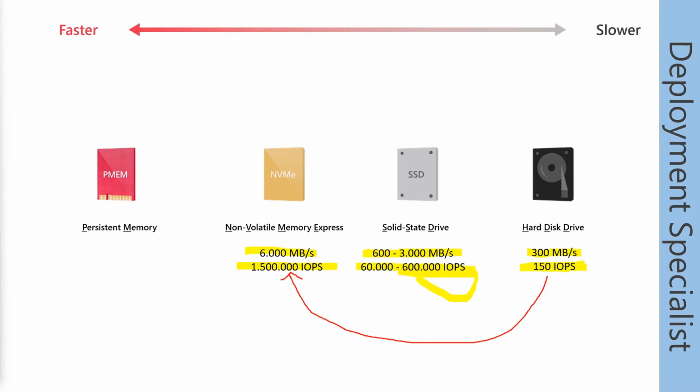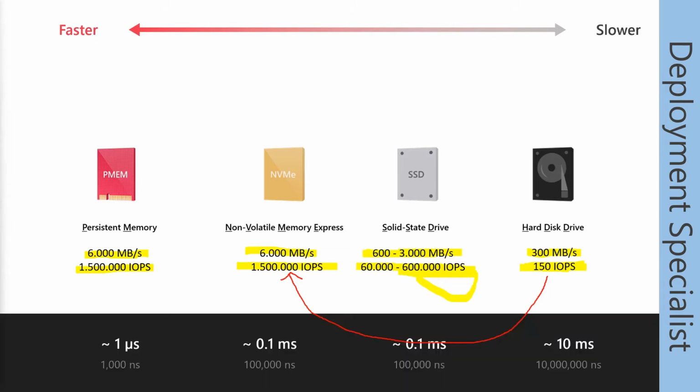Yes, these are the very fast NVMe's, but these are also the fast hard disk drives. So this is a huge difference when we are looking at the random I/O. The persistent memory is on the same level regarding the throughput and the IOPS. But what's interesting for the persistent memory is that we have a reduced latency.